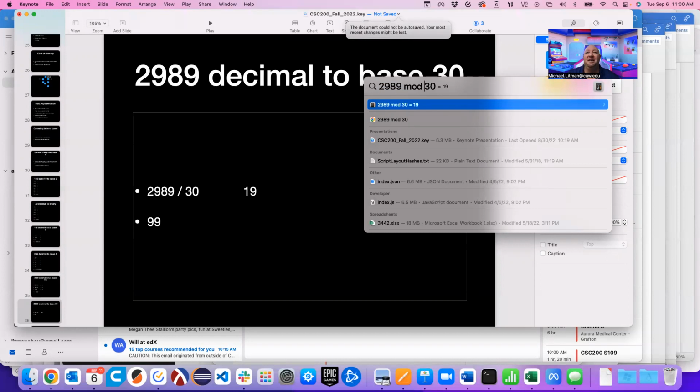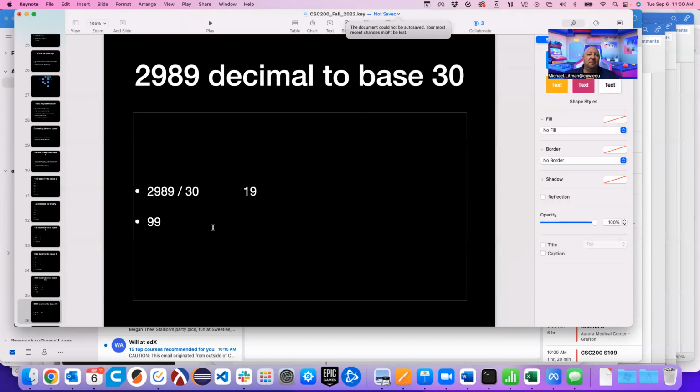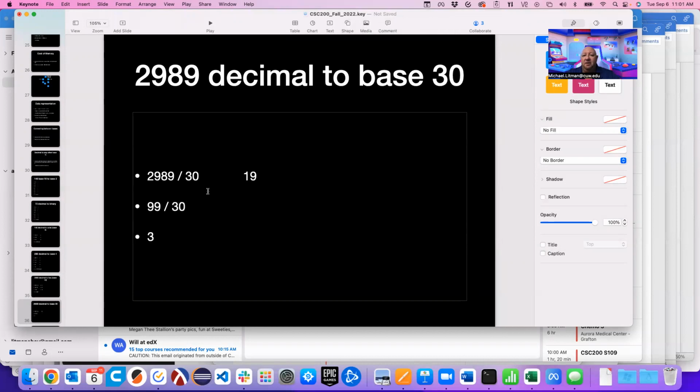So modulus is the remainder part of integer division. 99 divided by 30 is going to be 3. It gets me to 90 with a remainder of 9. 3 divided by 30 is 0, remainder 3.